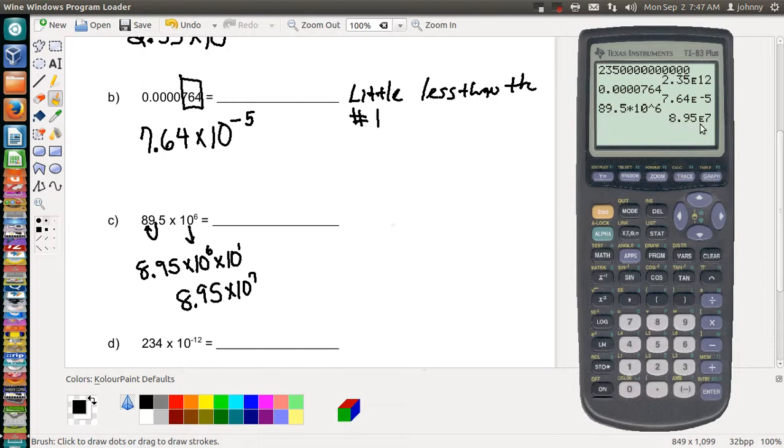Now, if you want to punch it in without having to type in times 10 to a power, and just use that little E like they have, then you can punch it in like this. You can take their original number, 89.5, and to do times 10, all you got to do is hit second, comma, and then put the 6 after it and press enter and let the calculator do the work for you. Okay, this is time and convenience and less frustration for some of you. Okay, now that's the answer on C.